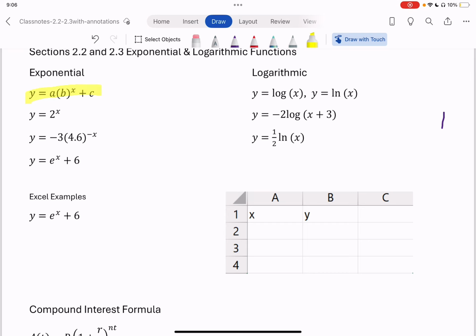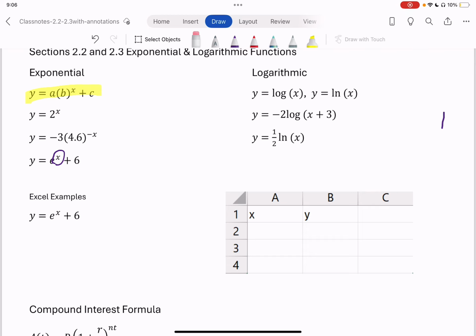Exponential functions generally have this look to them: y equals a b to the x plus c. What's really important to take notice of is that your variable is always going to be in the exponent position. That's how you know you're dealing with an exponential function.